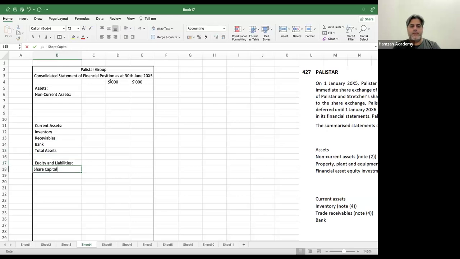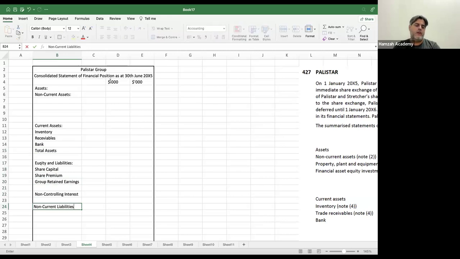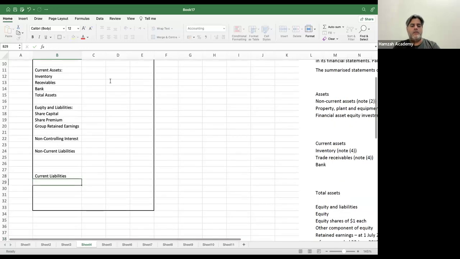share capital, share premium, group retained earnings, non-controlling interest, non-current liabilities, and then current liabilities.